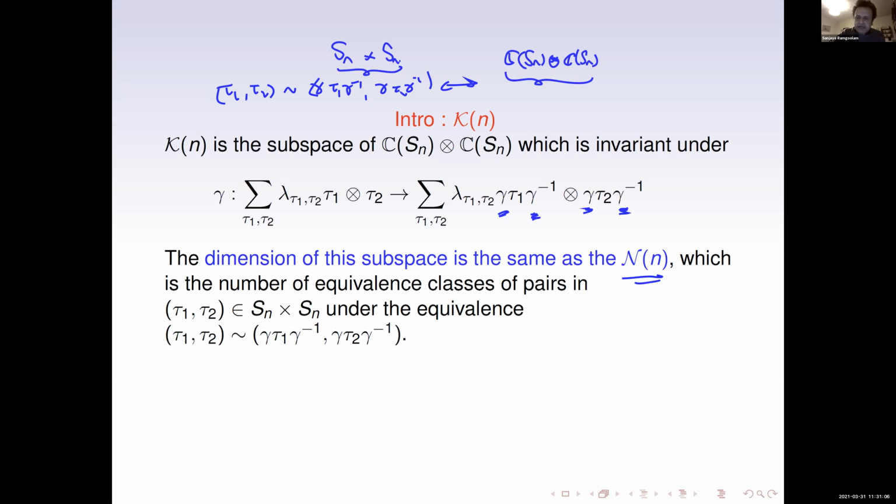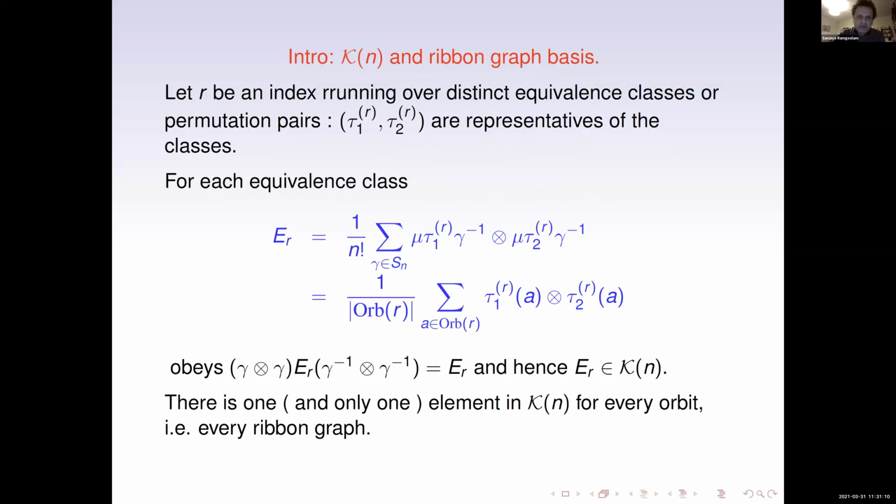One can show that this subspace has the same dimension as the number of equivalence classes here. The way to see that is that when you have these pairs tau 1, tau 2 organized in equivalence classes by the simultaneous conjugation, let's say R is a label for the different equivalence classes. As R goes from 1 to the number of ribbon graphs, for each equivalence class I have some representative pair.